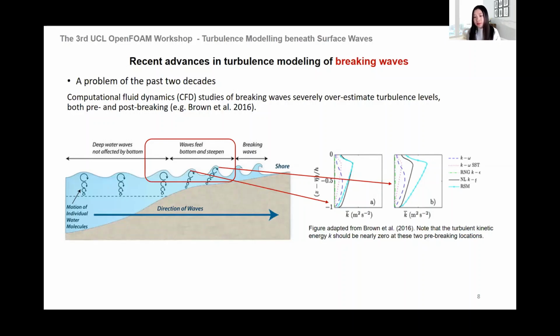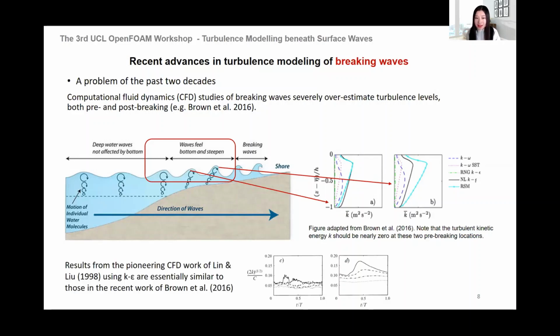Actually, this problem was found about 20 years ago in the pioneering work of Lin and Liu, 1998. They used a K-epsilon model to simulate breaking waves, and their results are essentially similar to recent works. This overestimation problem of two equation models was found 20 years ago.